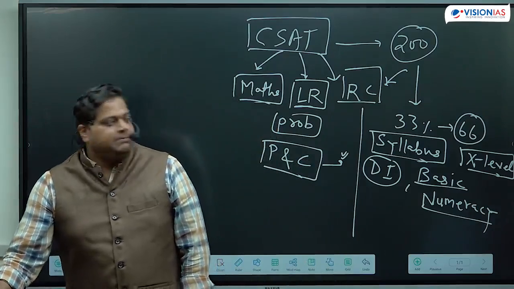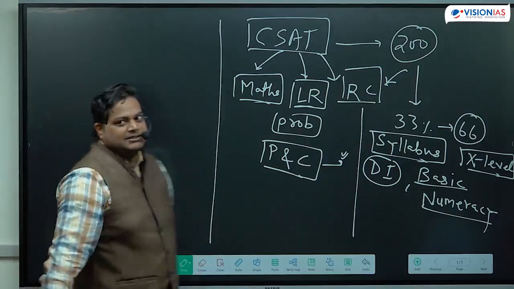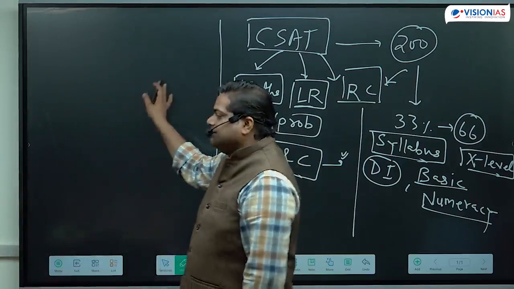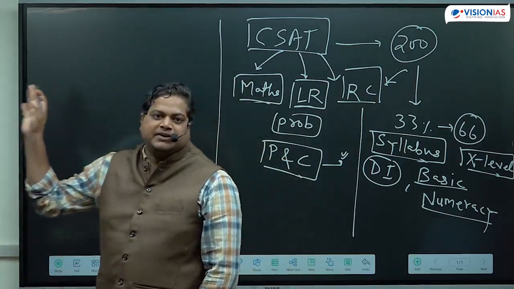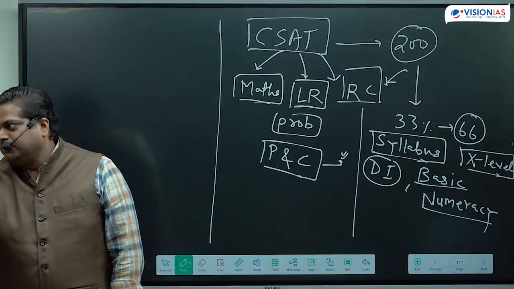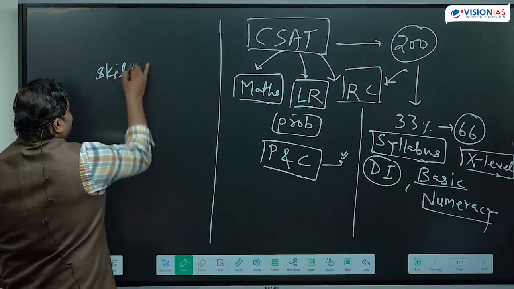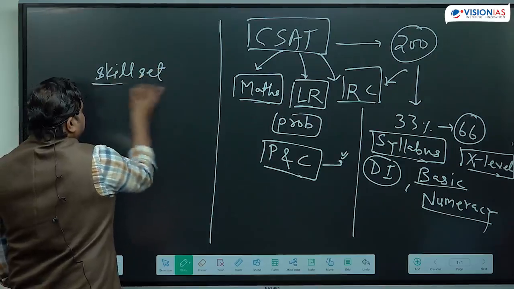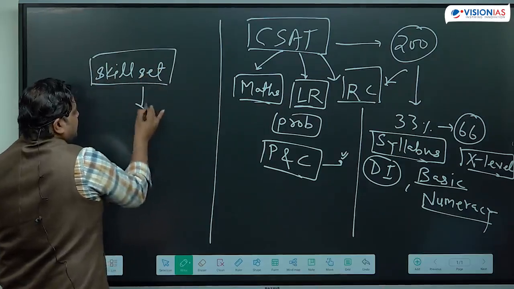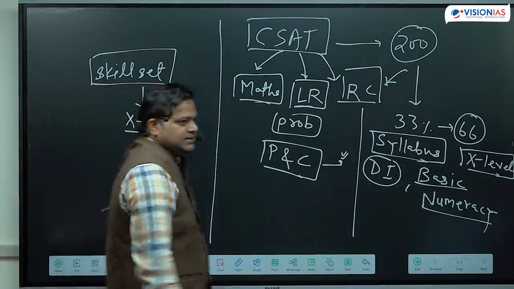So UPSC came up with the reply कि see, we are sticking to the syllabus. Syllabus में we have written कि we are going to ask questions which are of class 10 level. They have added one more line कि the skill set you develop after reading class 10 level, you can solve these questions.